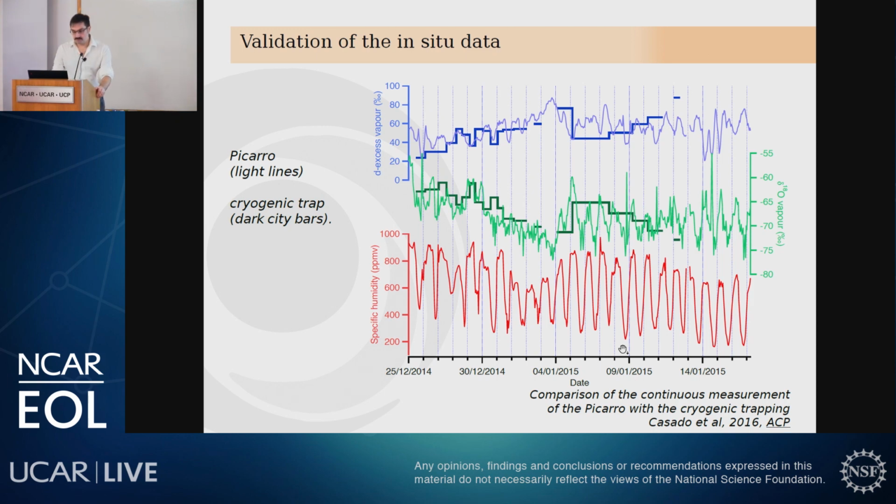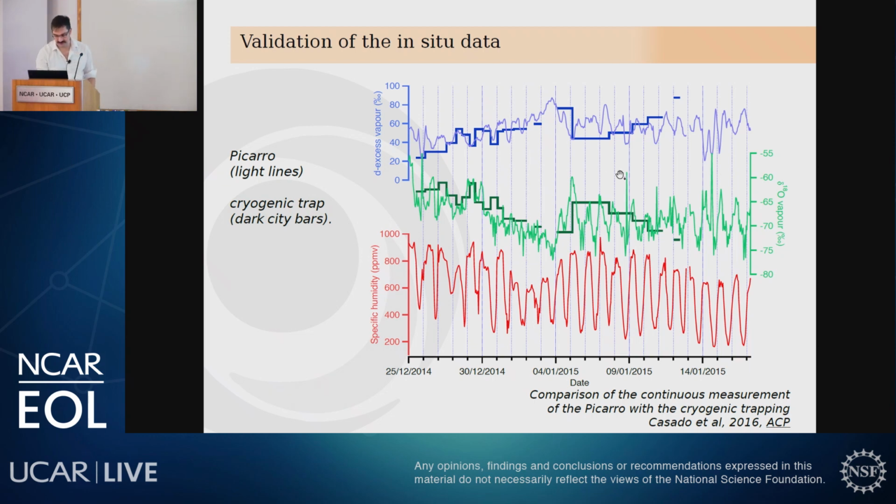We got out of the basement those huge cryogenic traps, with which we could pump a lot of the vapor and freeze it into a glass canister with liquid ethanol circulating around it, to have a comparison to validate our measurements, because we're way out of the range at which those instruments are supposed to measure.